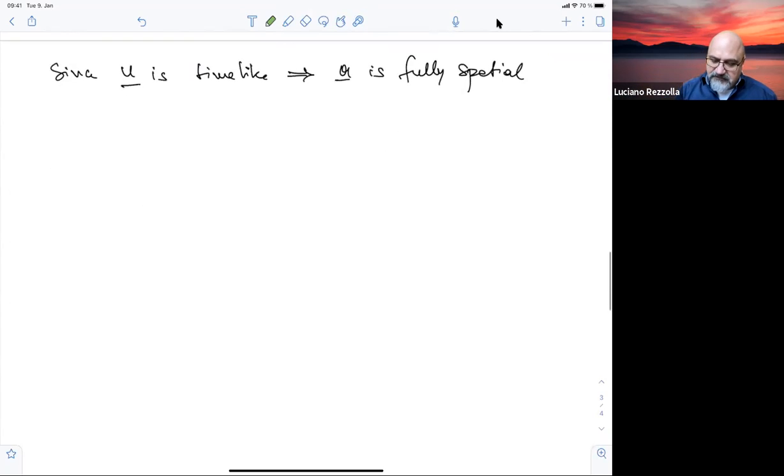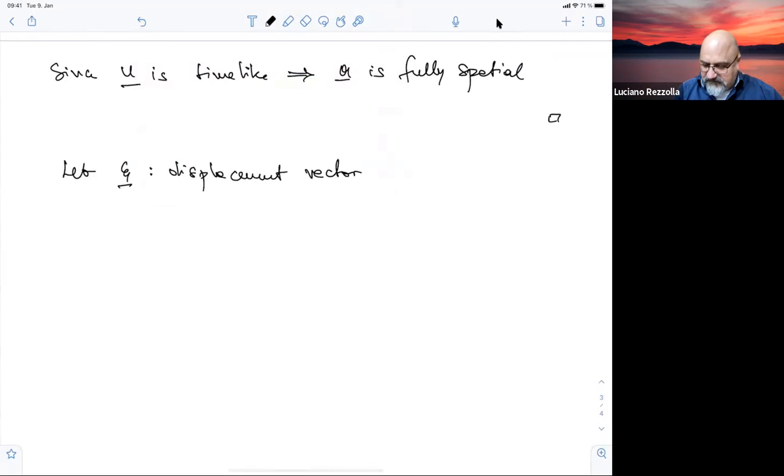So let's see how we do this. First of all, let's introduce another vector, which is a displacement vector between two fluid elements.